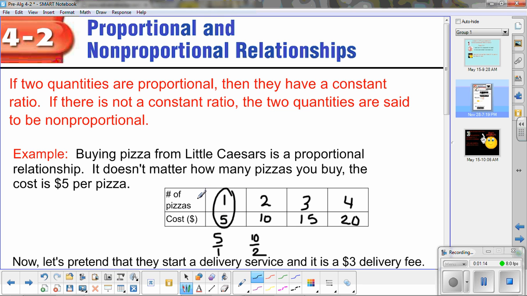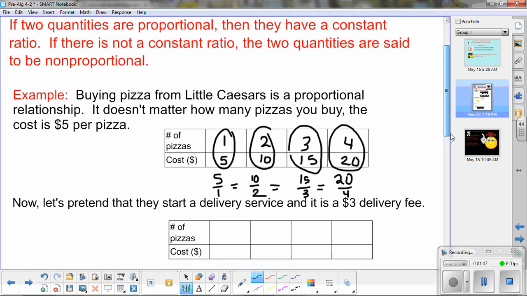We're going to go cost per pizza, cost per pizza, cost per pizza, so 15 over 3, and then 20 over 4, $20 for four pizzas. If you were to simplify these four ratios, you would end up with 5 for every single one of them. Since they are all equal, since the ratios are all the same when comparing the cost to the number of pizzas, it is a proportional relationship.